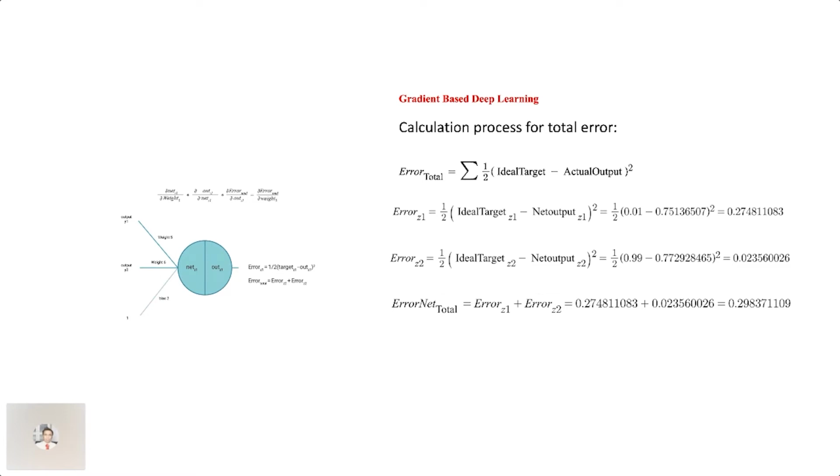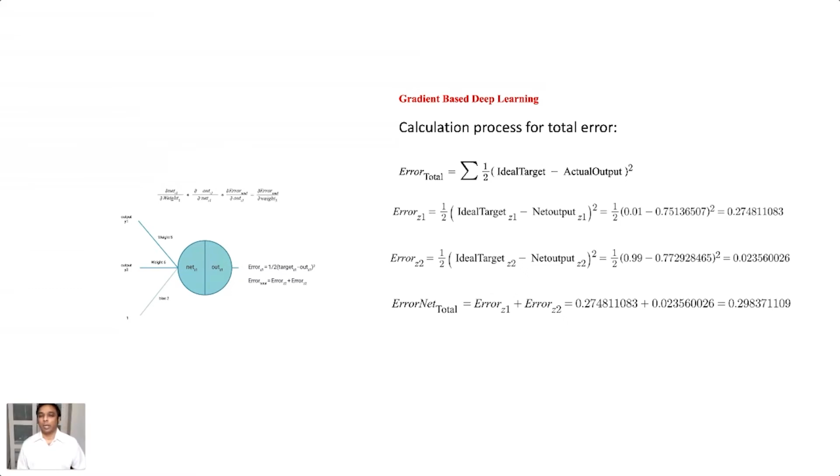So for the error, you take the net output of Z1 and Z2, which we calculated earlier, substitute here, and this is exactly the error you're getting for the output neuron Z1. And again, you're also having error Z2, and that's the error you're having in Z2.